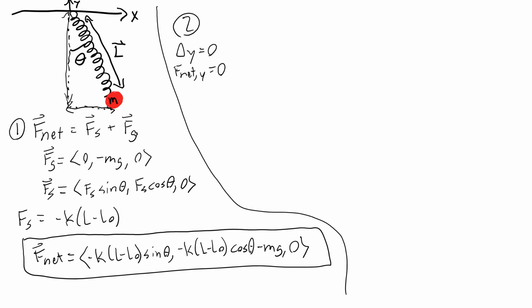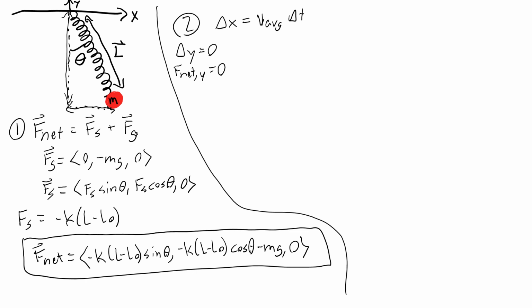Just looking at the change in position in the x direction, we're going to write down delta x is equal to v average delta t. But in this case, the force is not constant because that spring force is going to vary depending on the length of the spring.